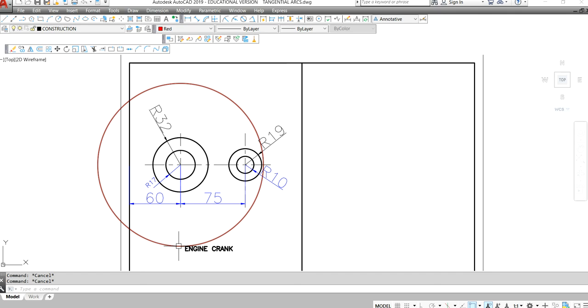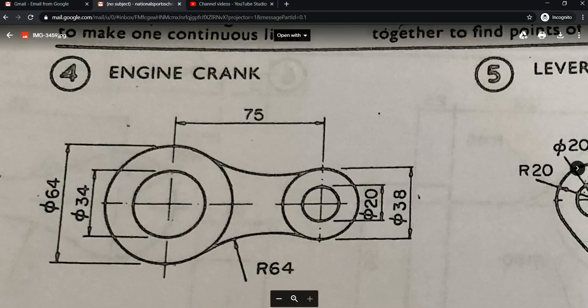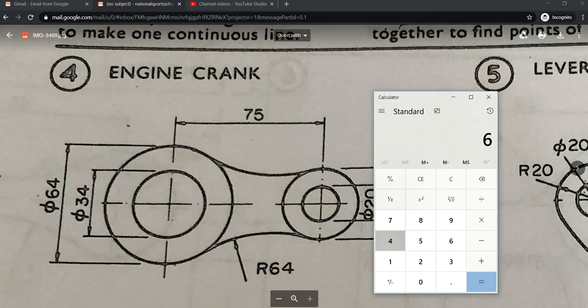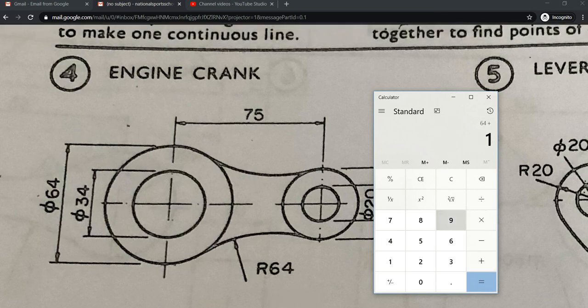So the next is radius 64. The 64 is touching the diameter 38, which is radius 19, we said. So we need to do 64 plus 19, which gives us 83. 64 plus 19, the radius.